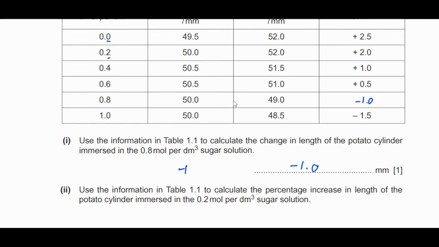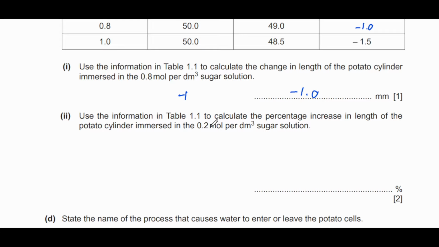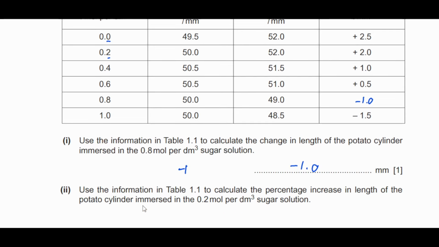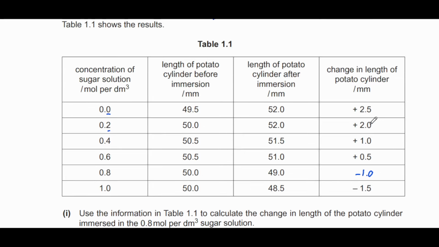Okay. Now, use the information in table 1.1 to calculate the percentage increase in the length of potato cylinders immersed in the 0.2 mole per dm cube sugar solution. So how do you find percentage increase? The equation you use is change over original, times 100%. So your answer for the 0.2 would be, change is 2.